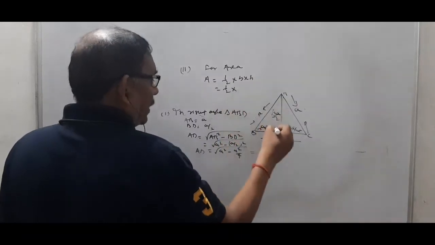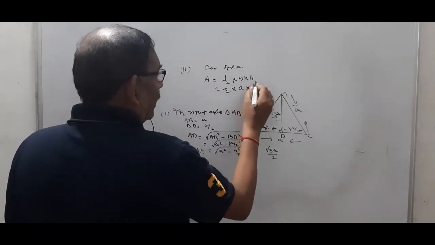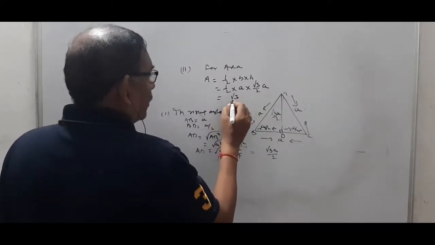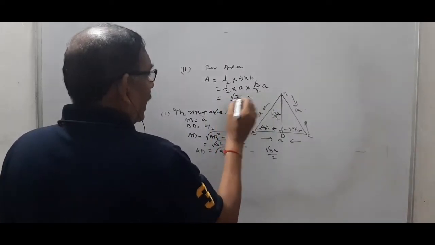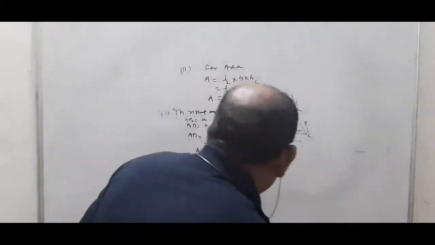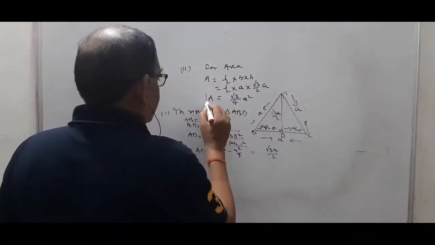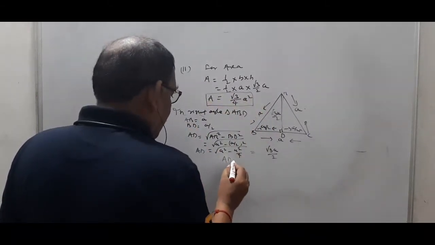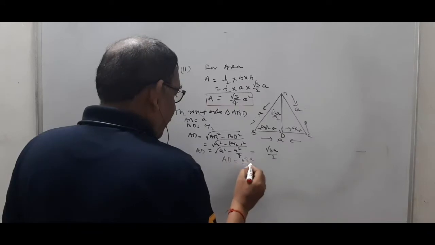Half base is A, height is root 3 by 2 A. That is root 3 by 4 and side square. So this is your area. That is your altitude, AD is equal to root 3 A by 2.